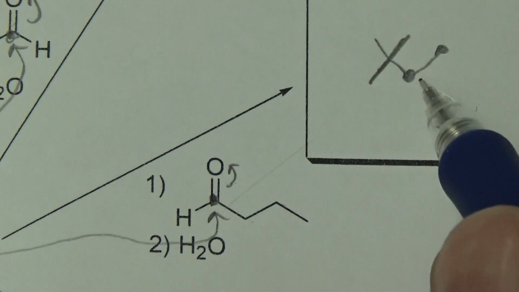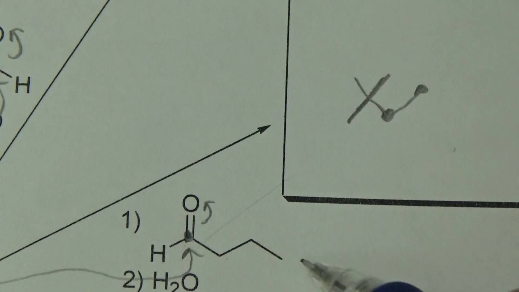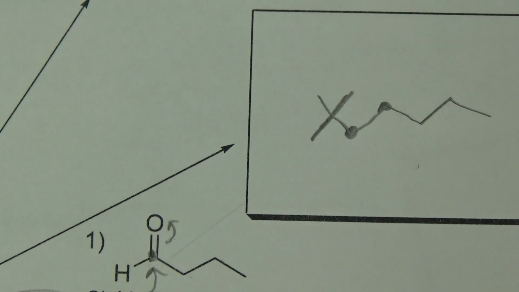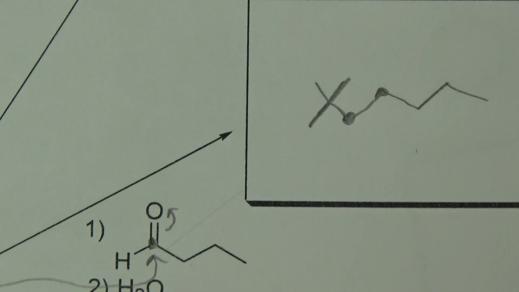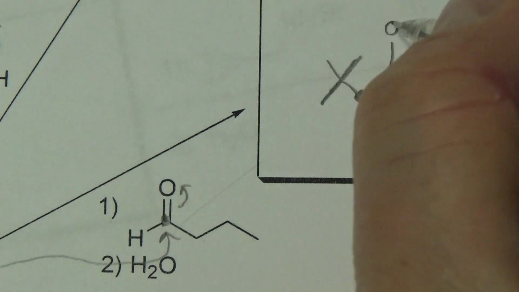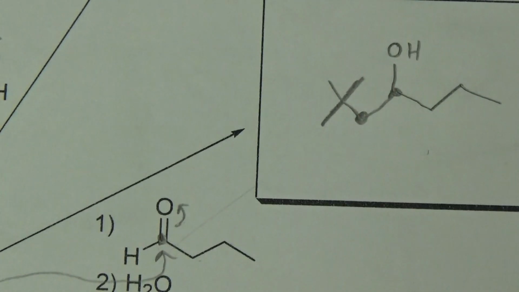This is the second dot. 1, 2, 3, 4 more. 1, 2, 3. There we go. And what is missing in the final product? All of these reactions make alcohols. So there's our secondary alcohol.